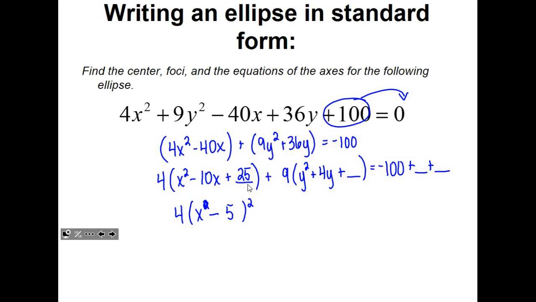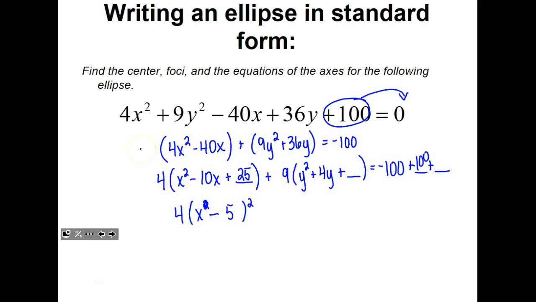Whenever I add a 25 here, I did not really just add a 25 because this 4 is out front, and I would have to distribute that 4 to everything in the parentheses. So when I add a 25 here, it really is multiplied by this 4. So before I add the number to the other side, I have to multiply it by this number out front of the parentheses. So I'm going to have to say 25 times 4, which is 100, is what I'm going to be adding in this blank over here.